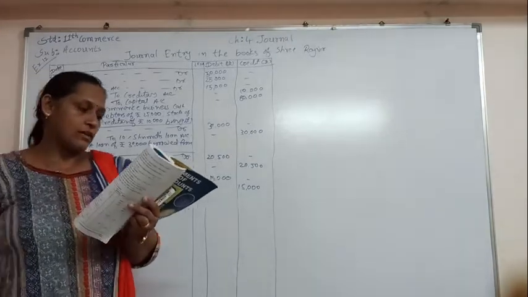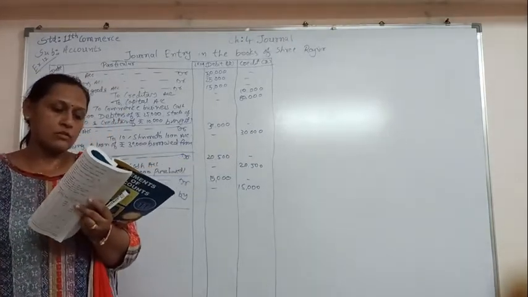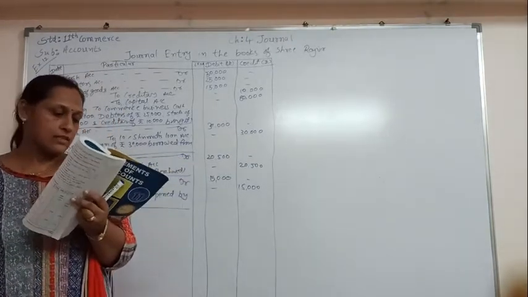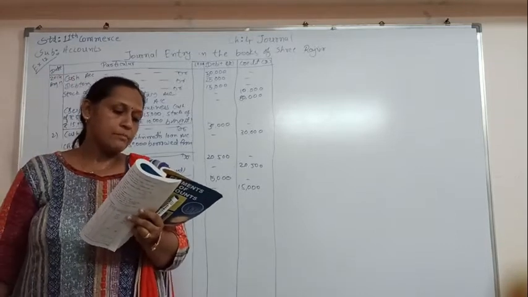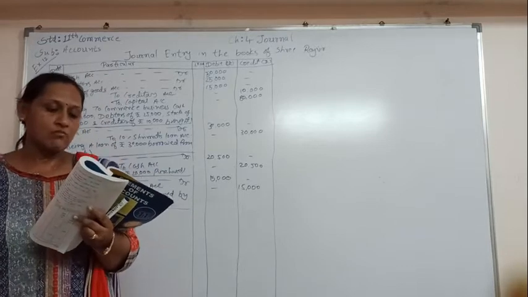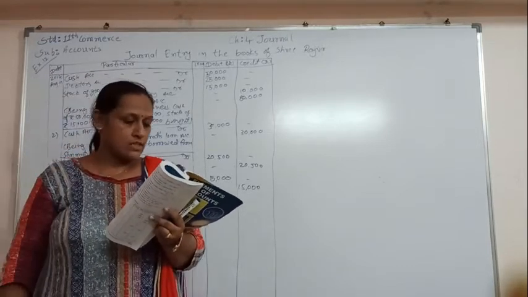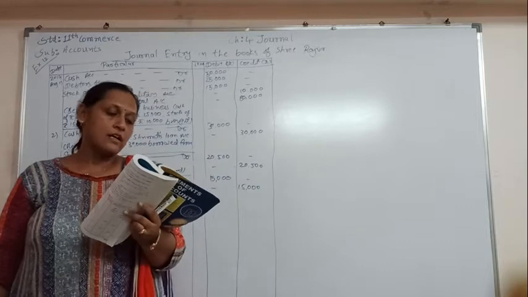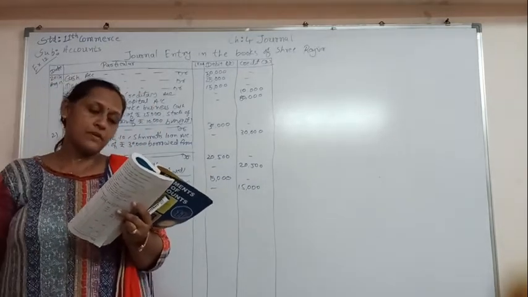Goods of rupees 30,000 purchased from Royal Stores on credit at 10% trade discount. Royal Stores paid railway freight 2,000 and wages 1,000 on behalf of us. So here we have purchased goods at 10% trade discount.